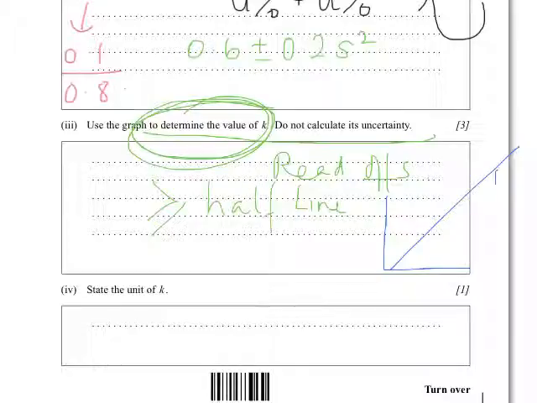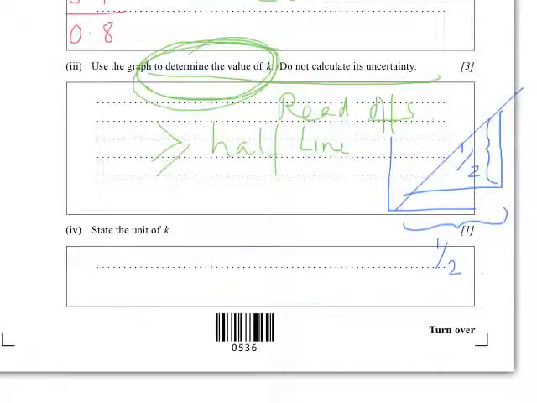So choose two large read-offs so that this is more than half the line and this is more than half the line. Now your gradient value should be equal to 0.30, but a range of 0.28 to 0.32 are accepted as okay.